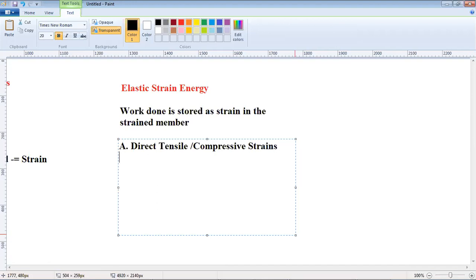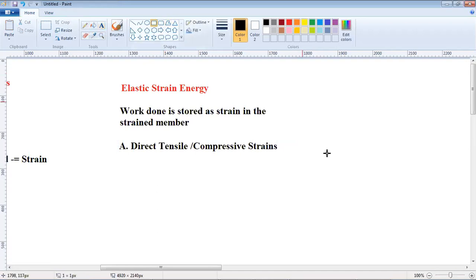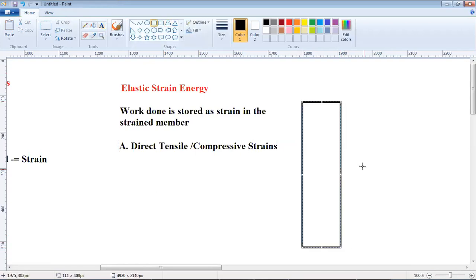Now, if we have a member, for example, this is a member, a column.